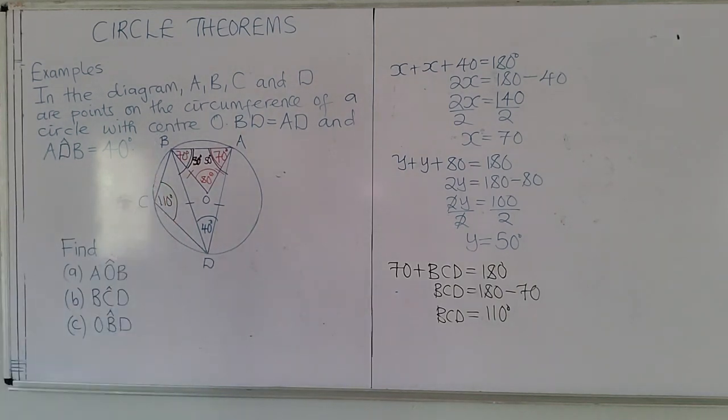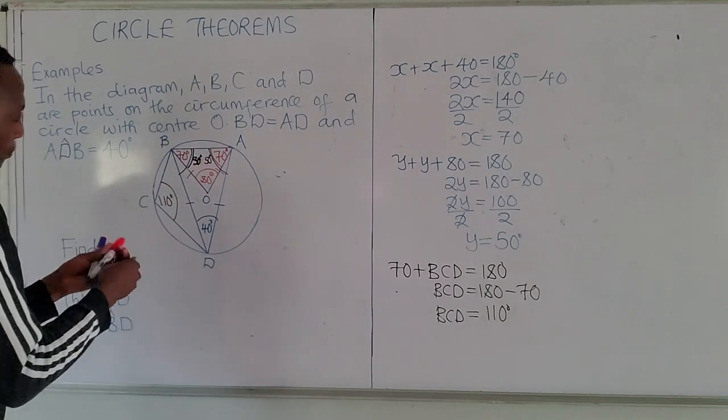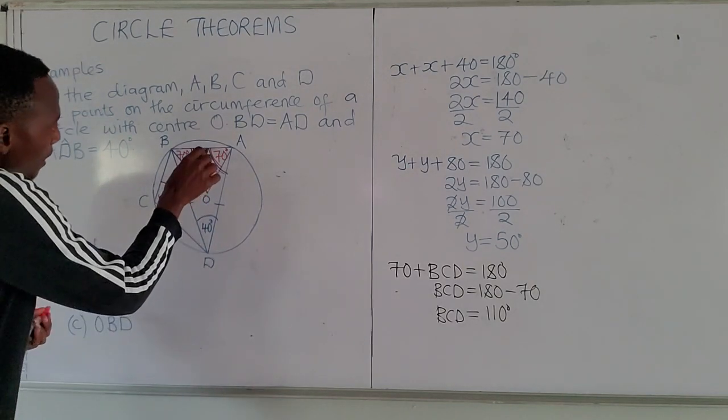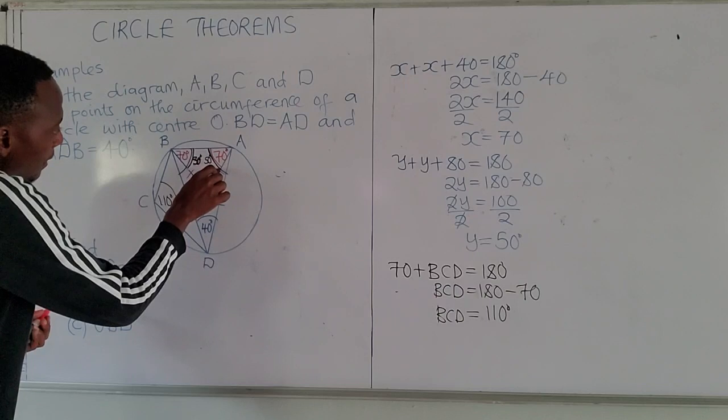So having found all these angles, we can easily now go for the angles which we have been asked to find. But before I go to that, you can see that from here up to here, this is 50.